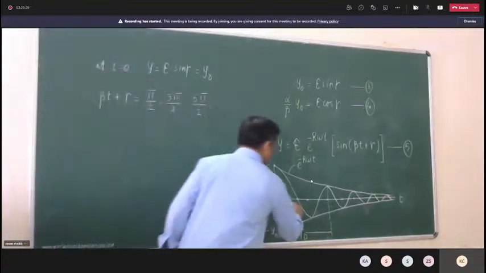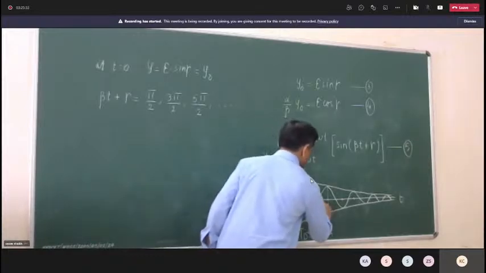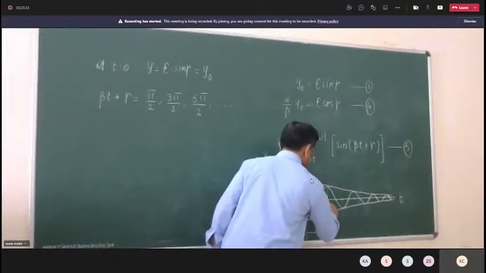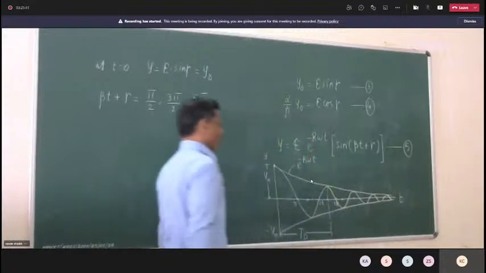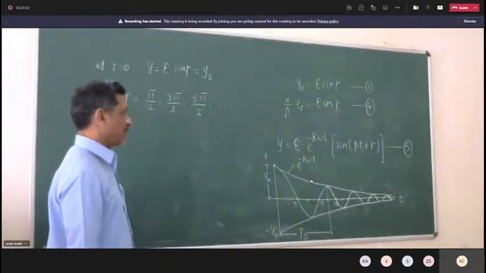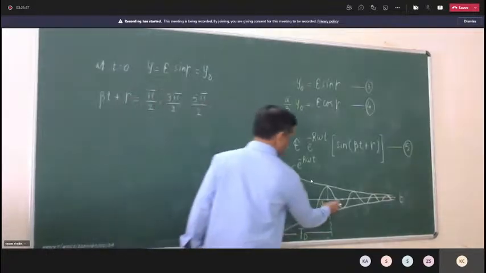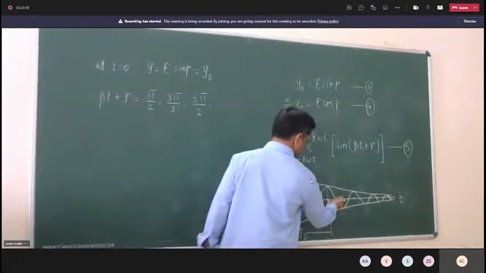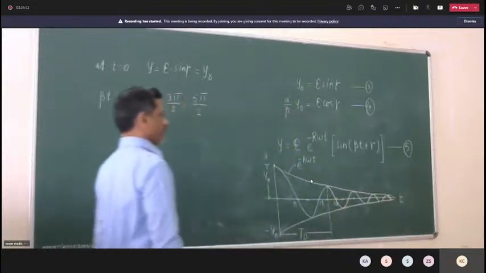When this angle is pi, because sin theta is 0, this is 2 pi, this is 3 pi. And therefore, this will be the average of these two, that is 5 pi by 2.